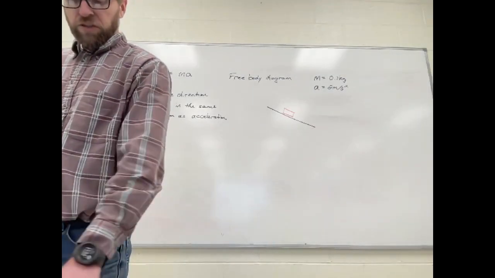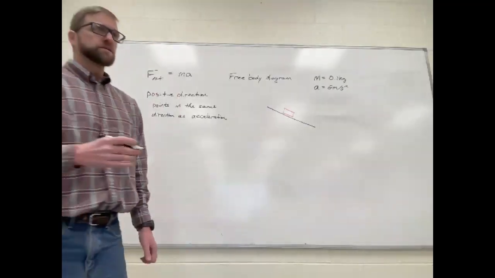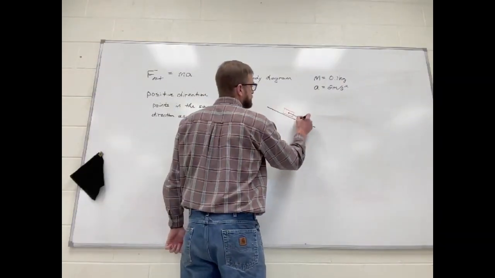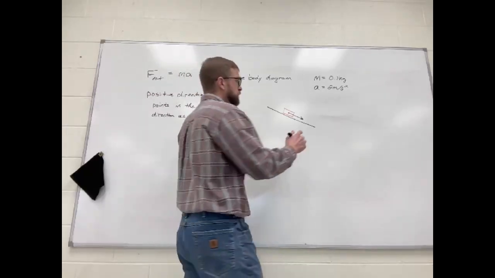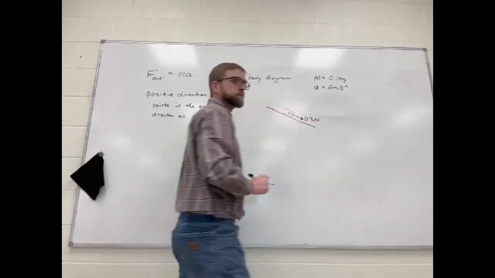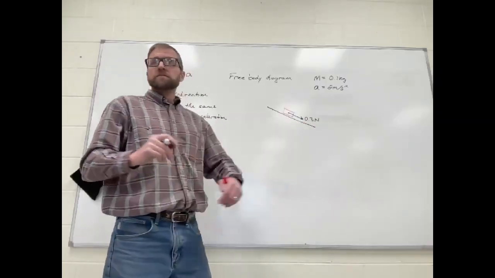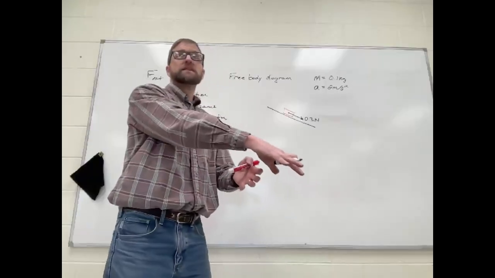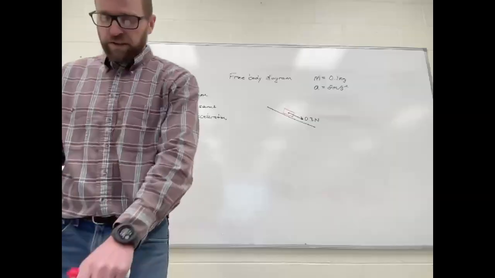And the force of gravity along the incline is 0.3 newtons. So that's telling me that the piece of gravity that's pulling down is 0.3 newtons. So I'm going to label this 0.3 newtons. And that is the piece of gravity that is pulling down the incline, right? Okay, so let's keep going.